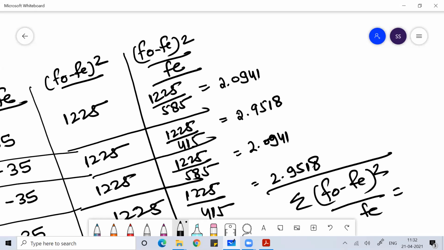Do the total sum and you'll get the value 10.091.